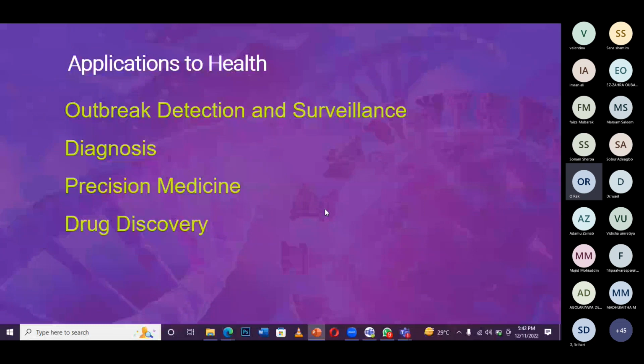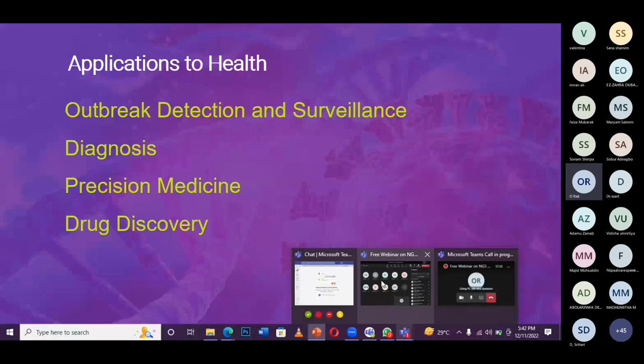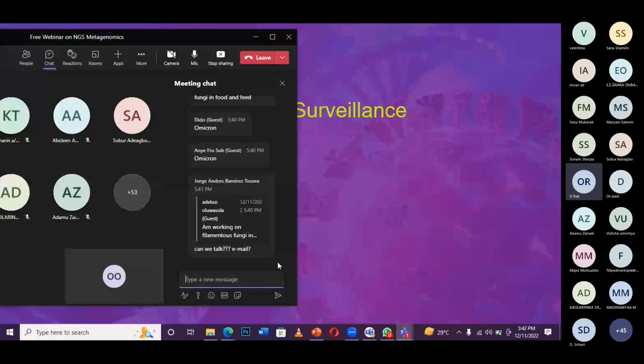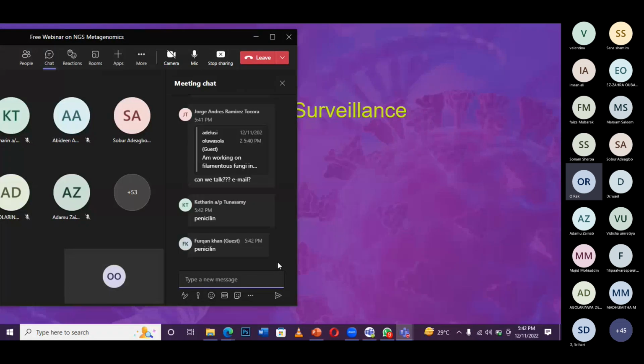Now this is just to make you understand that microbial genomics is a very, very interesting area, such that through microbial genomics, you can actually discover new or novel drugs, novel medicines from it, for the benefit of mankind, to treat infections. You can discover new antibiotics.